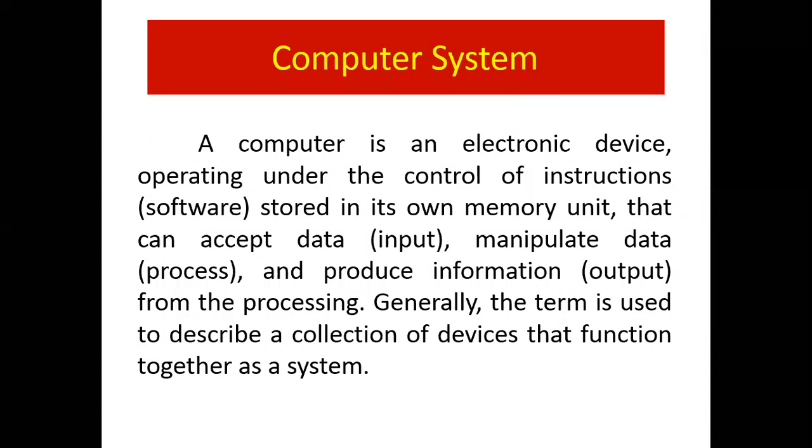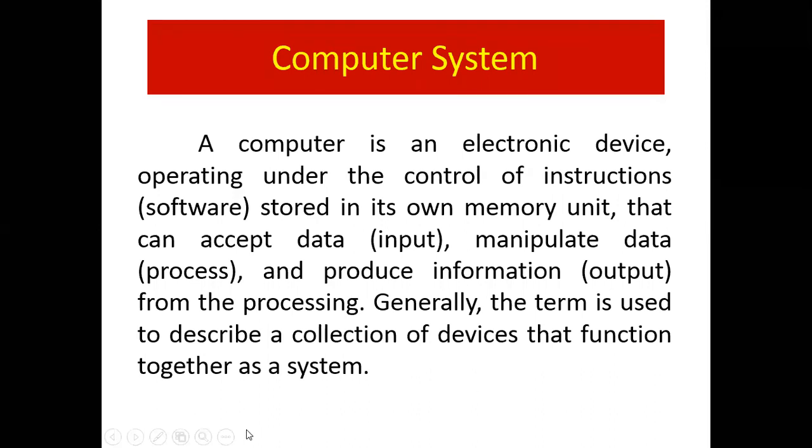What is a computer system? A computer is an electronic device operating under the control of instructions. We call those instructions a set of programs, algorithms and instructions, which we named software, stored in its memory unit, that can accept data in the form of input, then manipulate, that is process, that data, and produce information as output, so that you can take decisions on the basis of that output.